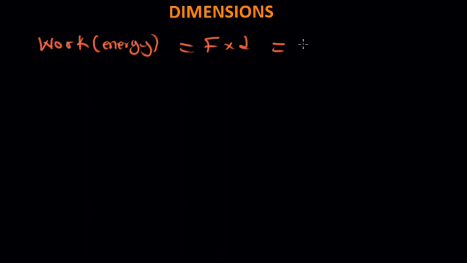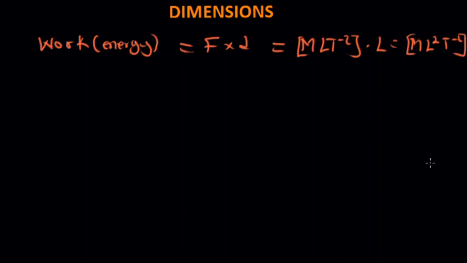We know the dimension of force to be MLT^-2, put in a square bracket, and that of distance to be L, so all will be equal to ML^2T^-2, put in a square bracket, and that is our dimension for work or energy.